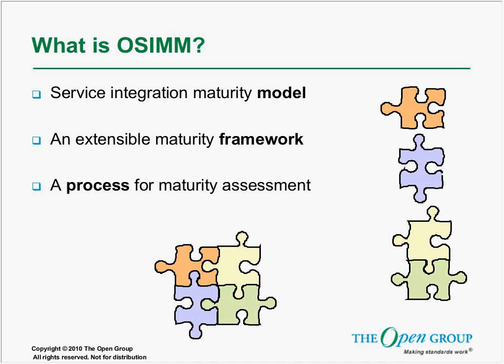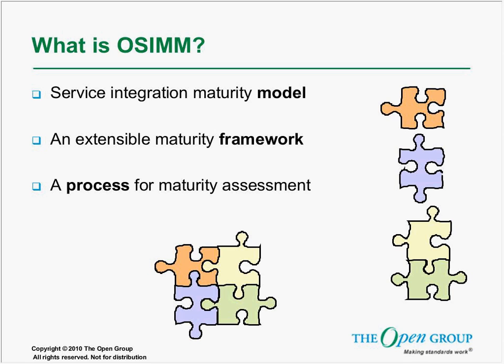OSIMM essentially has three different major facets or elements to it. It's a service integration maturity model. It helps us understand how we can more effectively integrate SOA services, and we are talking about cloud computing these days, so cloud computing as well, in a fashion that helps transform our business.